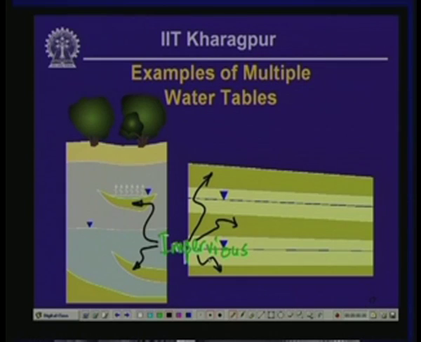And on the impervious layers might be supported an isolated source of groundwater, and this type of groundwater is called perched groundwater, or perched water table, that is.